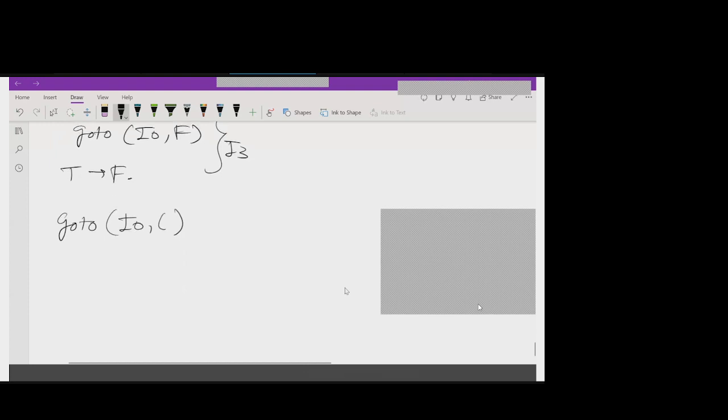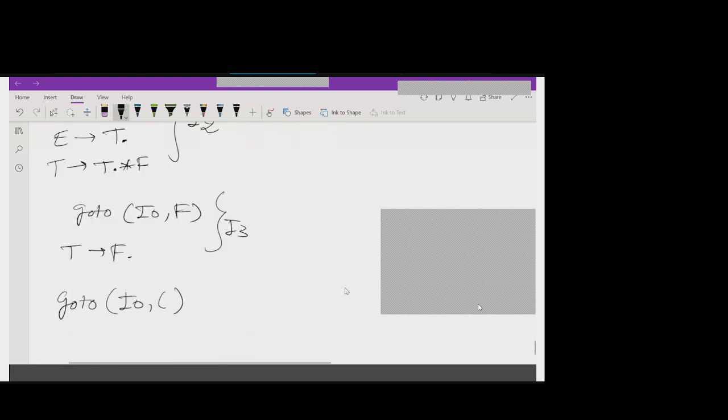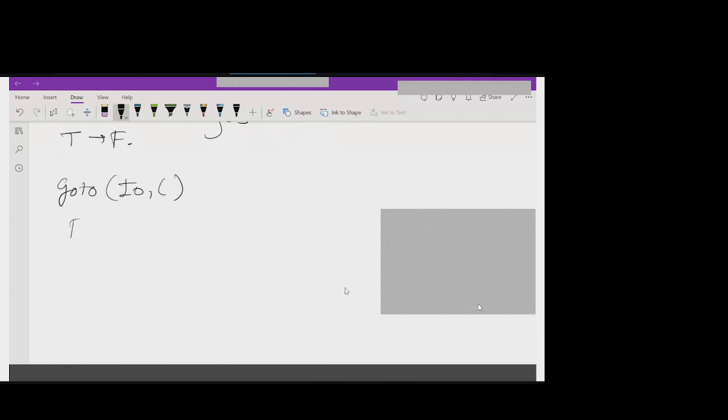Now it would be F gives opening bracket E. Now can you notice anything here?